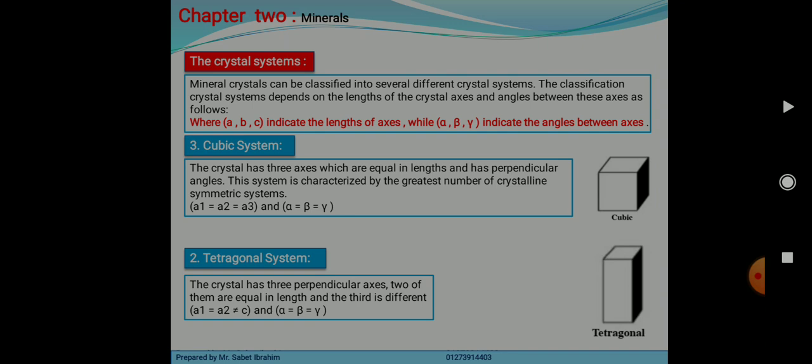So the crystal has three perpendicular axes. Two of them are equal in length, and the third is different. So A1 equals A2 doesn't equal C, and alpha equals beta equals gamma. This is the tetragonal system.